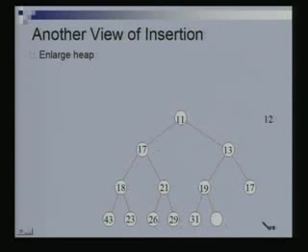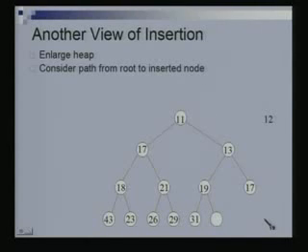This is what its structure should be like. Now we consider the path from the root to the inserted node, which is this light colored path. So this was the inserted node, and we just go from this node to its parent, to its parent, and to its parent. So this is the path from the root to the inserted node.